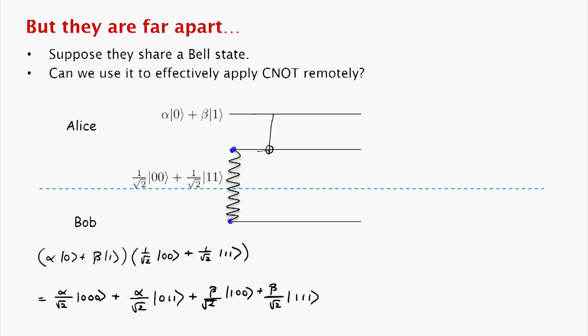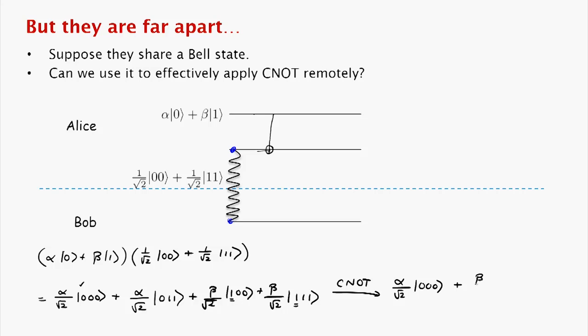Now what happens when you apply a C0 from the first qubit to the second qubit? Well, nothing changes on these two because the control bit is 0. But here, in these two cases, the control bit is 1. And so you get alpha over square root 2 000 plus, so that's this term. If you look at this one, this control bit is 1, this target bit is 1, so it'll become 101.